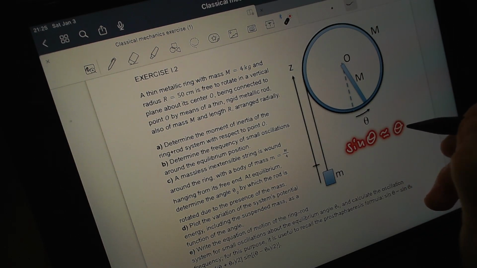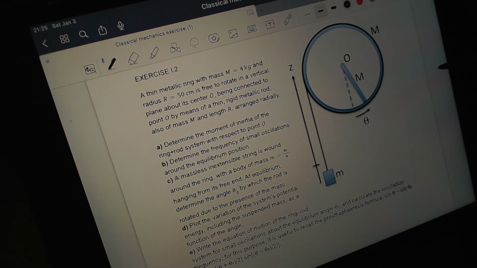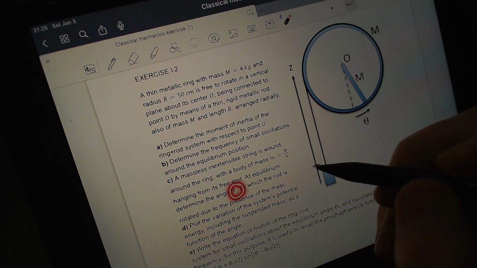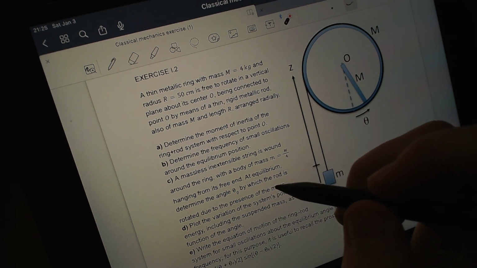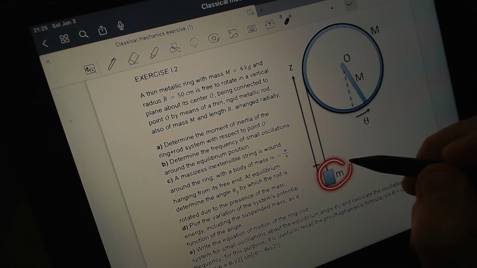Okay, so as far as the third point is concerned, here we have to find the angle theta 0 by which the rod is rotating in the presence of this mass.